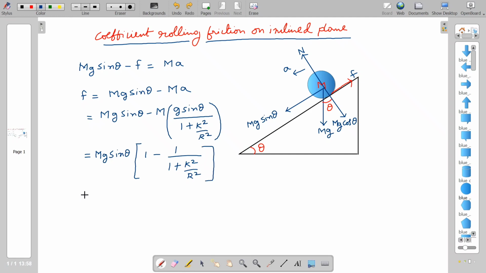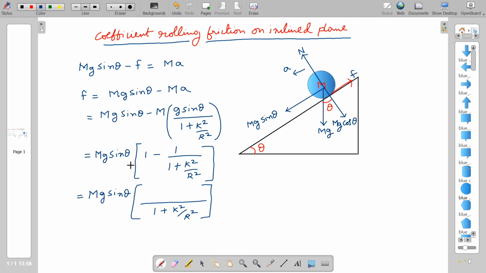From the above step we can write mg sin theta, inside the bracket if we simplify, LCM will be 1 plus k square by r square.